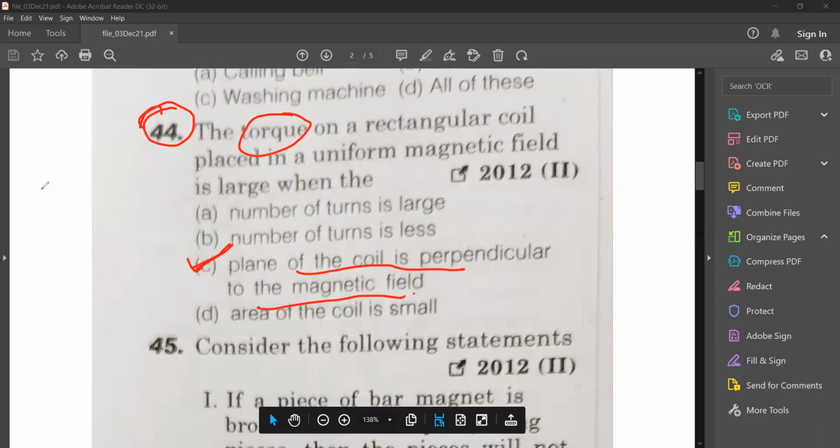Okay, we know torque tau is equal to M cross B, isn't it? Torque tau is equal to M cross B. Okay, so that means MB, that is MB sine theta. So torque is large when sine theta is equal to 1. That means theta is equal to 90 degree, isn't it?